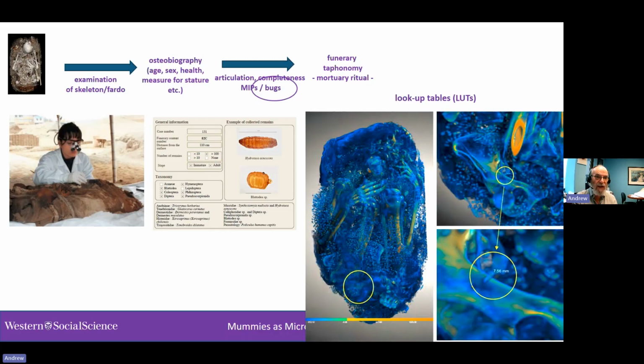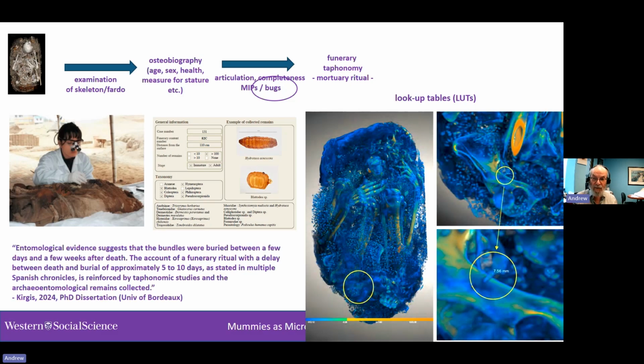But she was doing a lot of playing around with the lookup tables in Dragonfly, and she liked this kind of lurid blue-green one, but you can see in the bottom right-hand corner, she's able to identify the pupae of flies that she then is able to identify, and know, with her knowledge of the life cycle of flies, she's able to say, okay, this individual was exposed for anywhere between a few days and a few weeks after death.